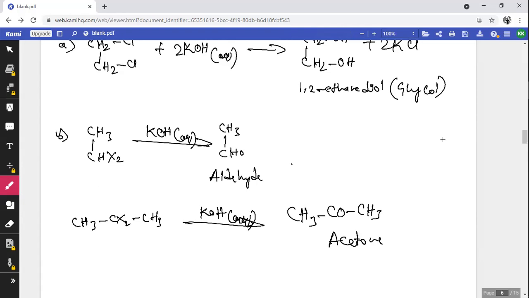So if both the halogen groups are present on the terminal carbon, it is going to form aldehyde. If both the halogen groups are present on the intermediate carbon, then it is going to form acetone.